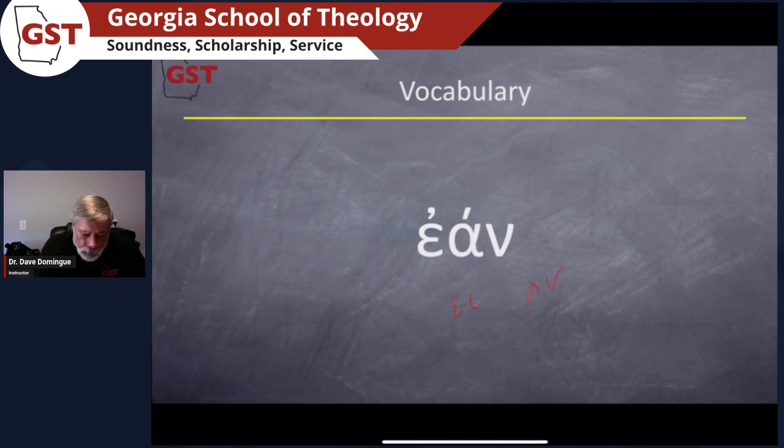Typically, when they come together, we get on, and oftentimes when on is with a relative pronoun, then we'll just say whoever or whenever, depending upon what relative pronoun is being used. So oftentimes this will get changed. This means if or when, but sometimes when it's associated with a relative pronoun, then it'd be whoever versus whenever.